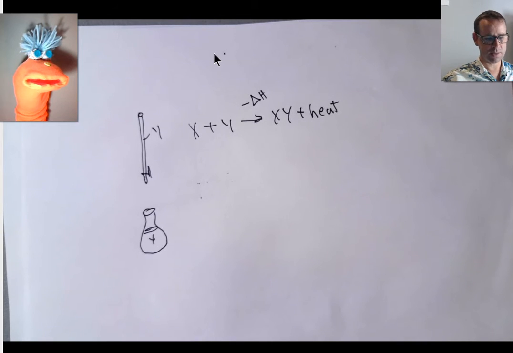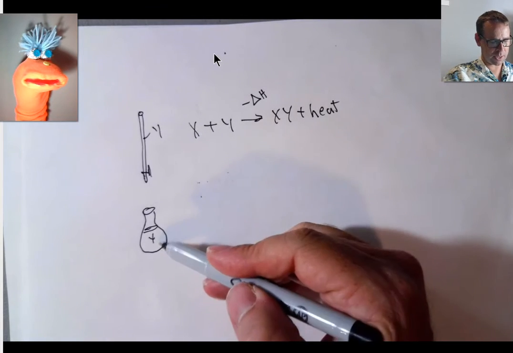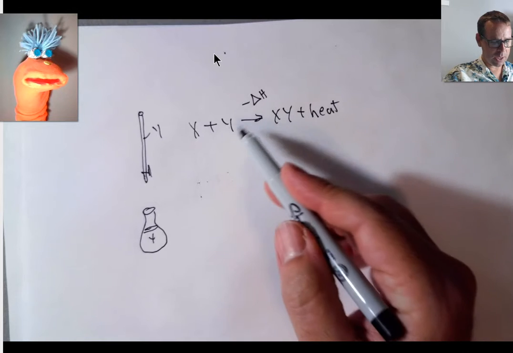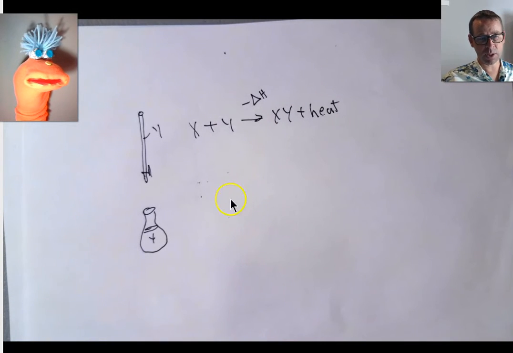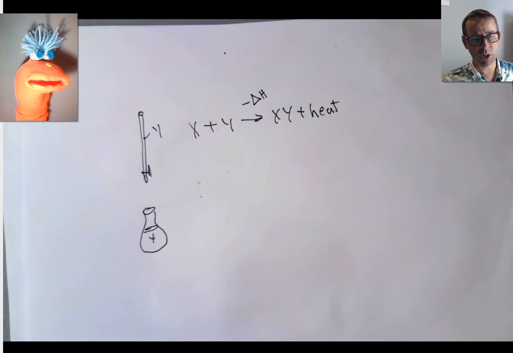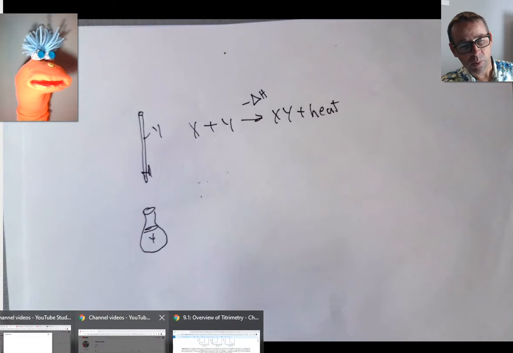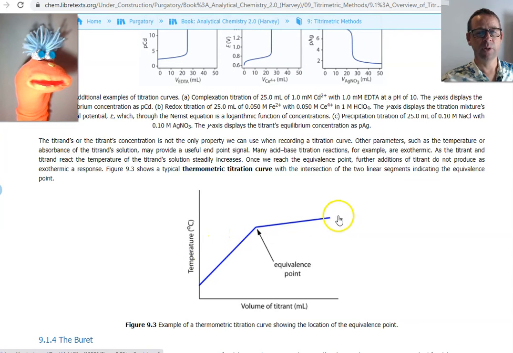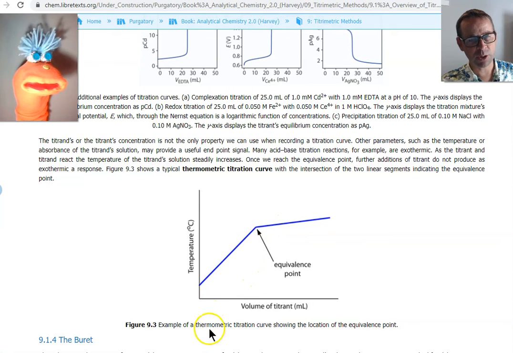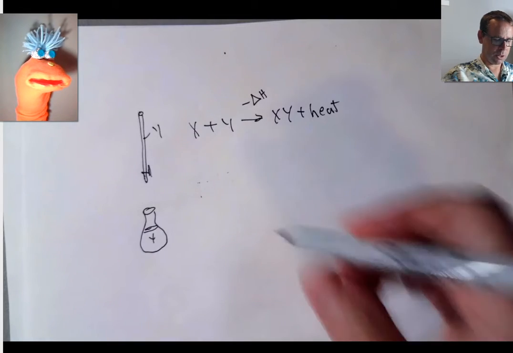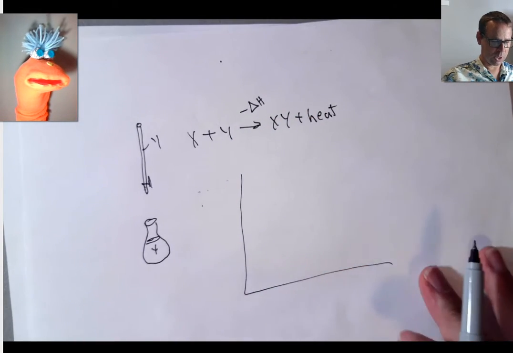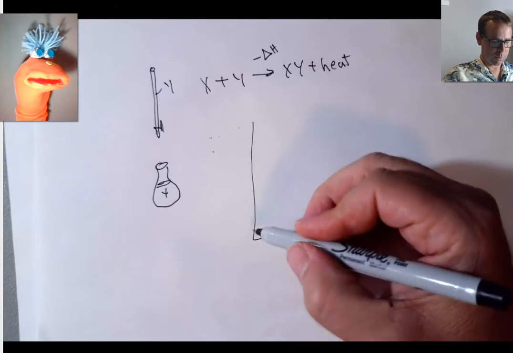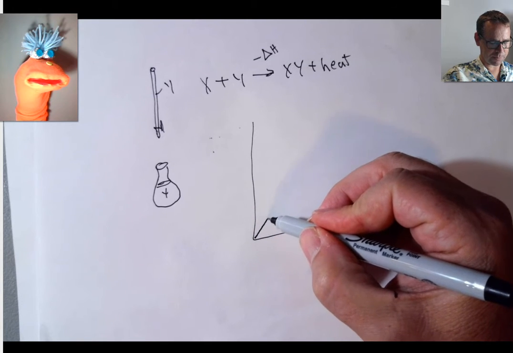And once all of your X is consumed, then heat will stop being released, and the temperature change will not continue. And so you can get this sort of a curve based on temperature, and you can identify your equivalence point. Now, in reality, the curve will not be so nicely shaped. It would probably look something like this.